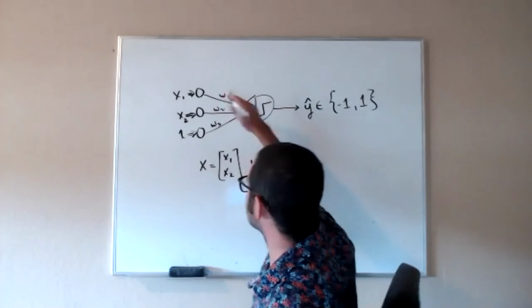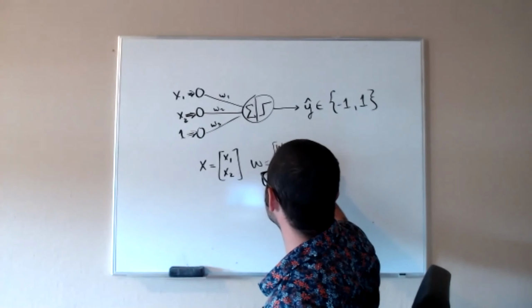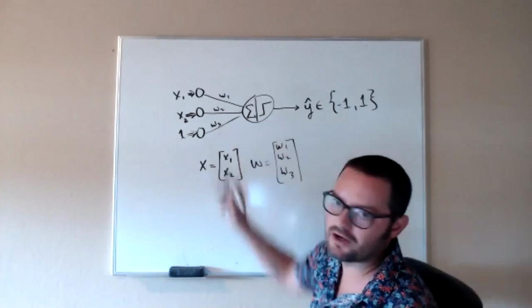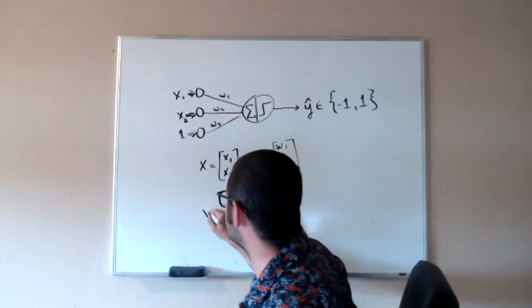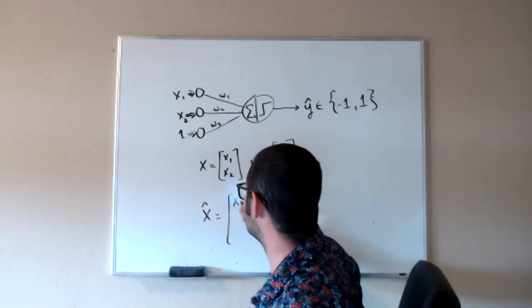For the weights, there are 3 weights: weight 1, weight 2, weight 3. Again, the last weight is for the bias. So in order to make this work, we need to change x to look like this.